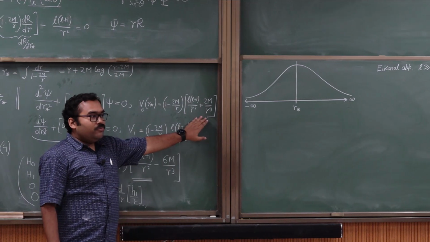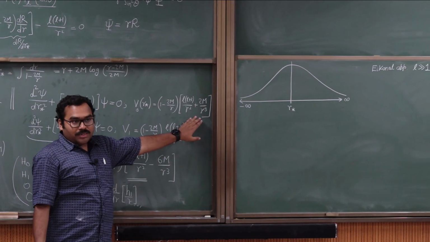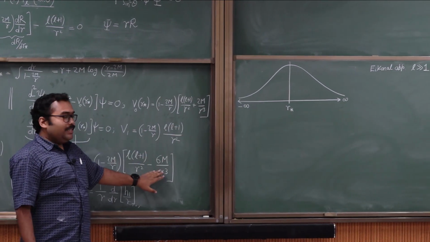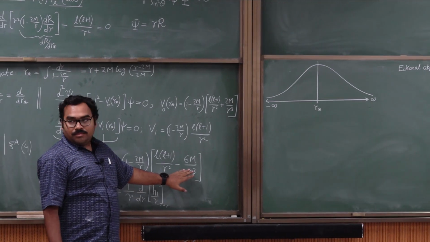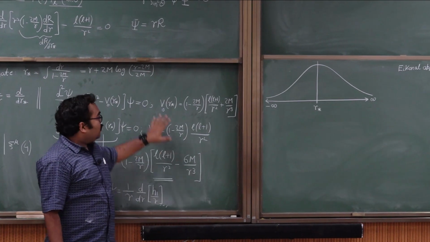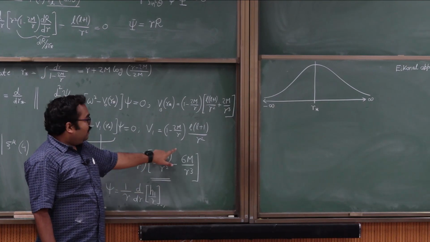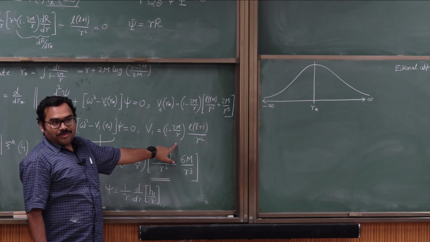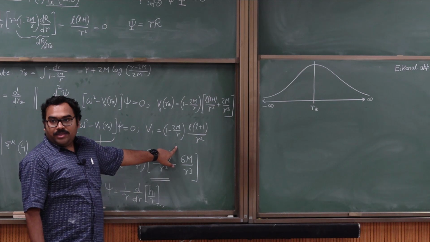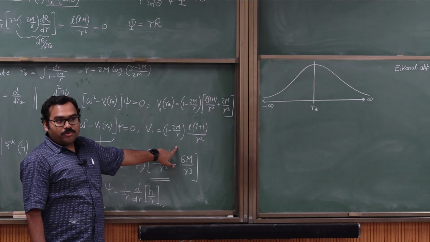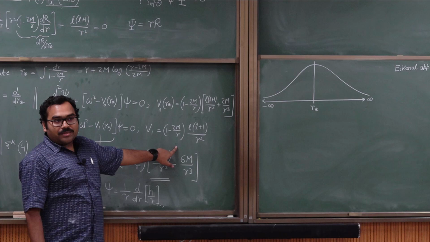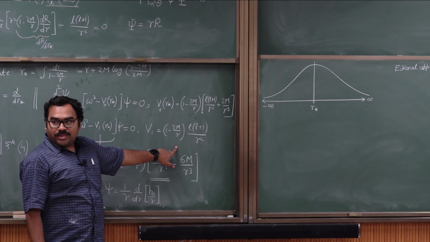You can ignore this 2M over r cube term because L is much larger. You can ignore this 6M over r cube term because L is much larger than 1. That means all of this potential reduces to this one alone. And this potential you already know. What is this potential? This is the potential a massless particle experiences in a Schwarzschild background.